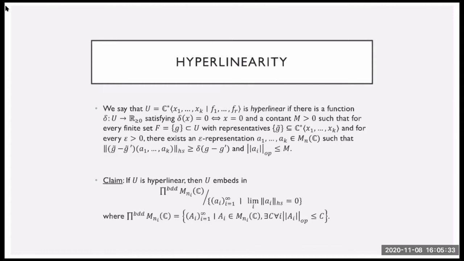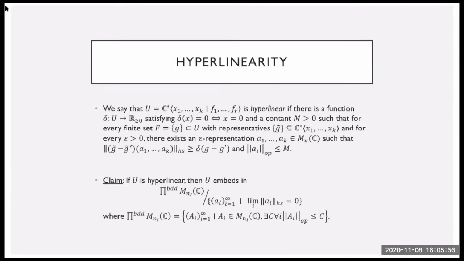And we said that such an algebra is hyperlinear if there exist two things. First of all, a function, delta, from the algebra to the non-negative real numbers that only sends 0 to the 0 number, and all non-zero elements are sent to strictly positive real numbers.